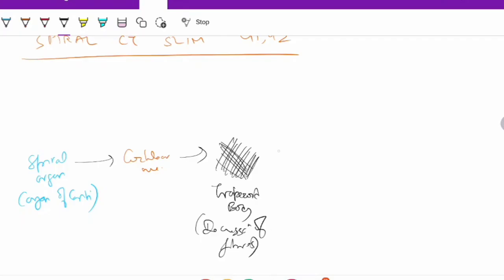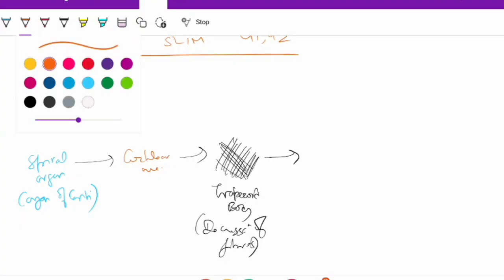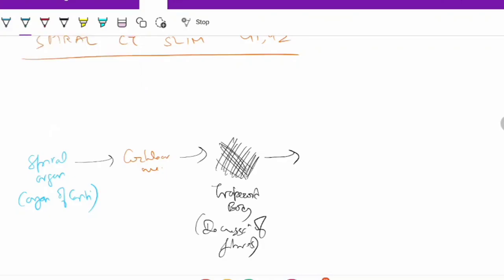Now from the trapezoid body, you go on to a structure known as the superior olivary complex, which is also a very important structure, the center for the stapedial reflex.